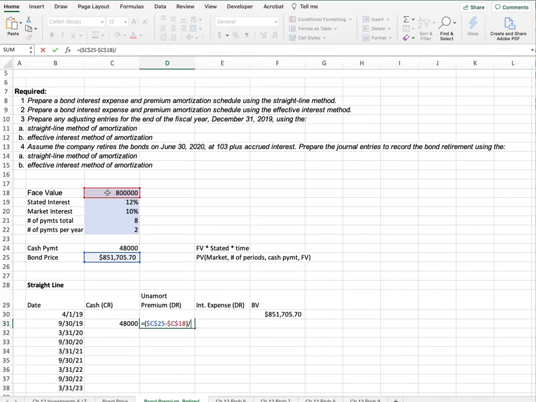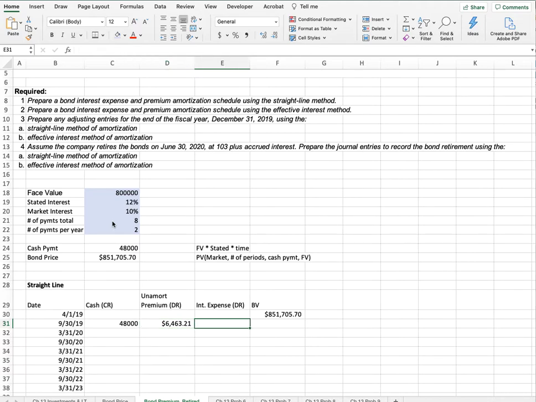So divide that by the total number of payments, make that absolute, and we get $6,463.21. And just like in the previous examples, the cash payment minus our unamortized premium gives us our interest expense of $41,536.79.